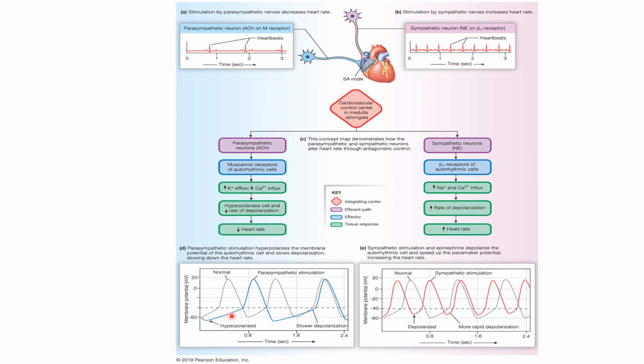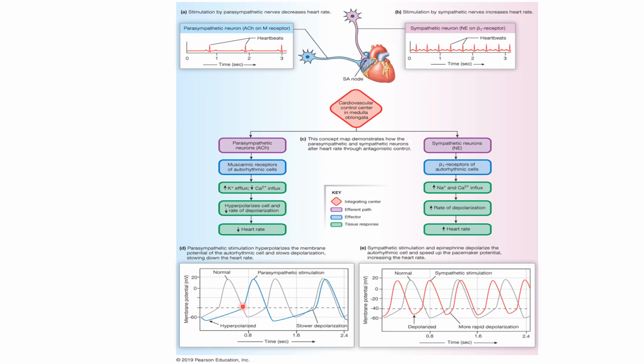You can see right here with the blue graph, it's taking longer for the cell to reach threshold because you are decreasing the amount of calcium entering the cell and increasing the amount of potassium exiting the cell.